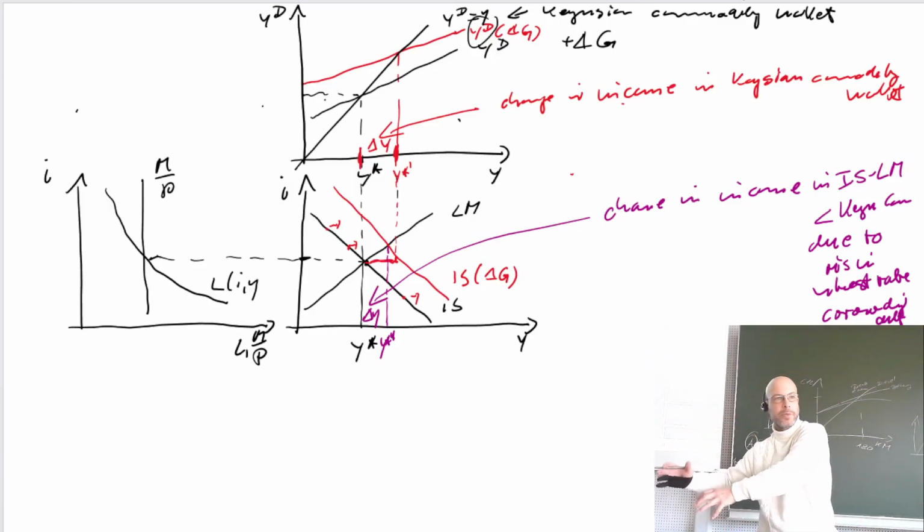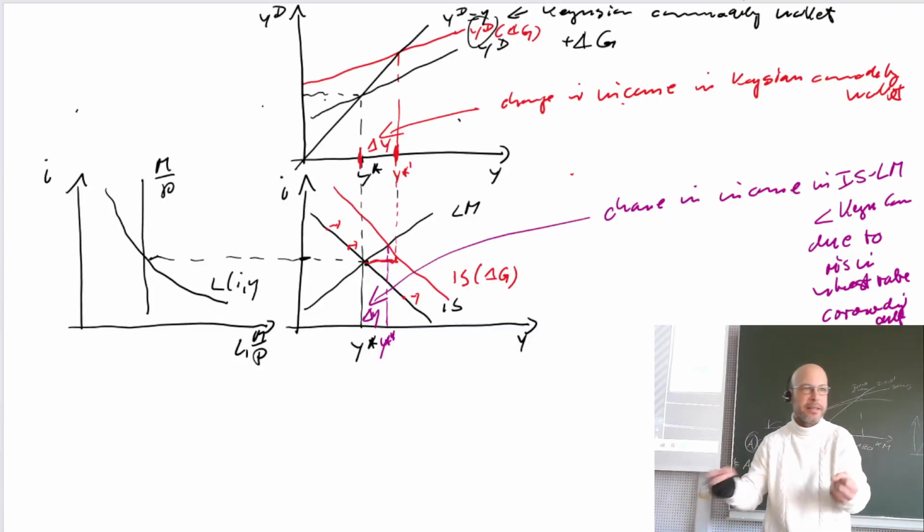So to speak, government expenditure interpreted as government investments crowds out private investments via rising interest rates.